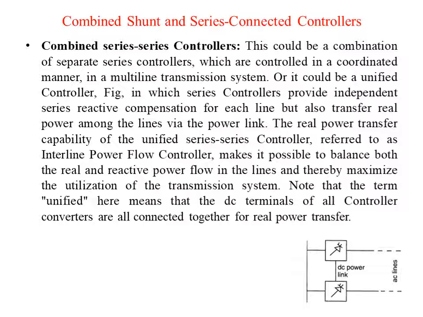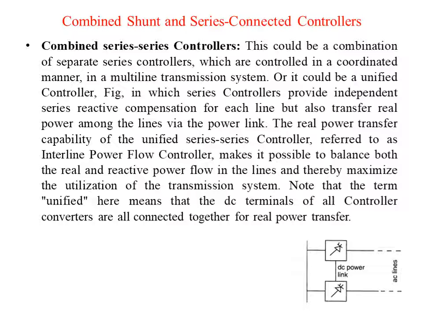This could be a combination of separate series controllers which are controlled in a coordinated manner in a multi-line transmission system, or it could be a unified controller. The figure shows series controllers providing independent series reactive compensation for each line, but also transferring real power among the lines via a power link. We can connect a controller separately for each transmission line, or in combination.